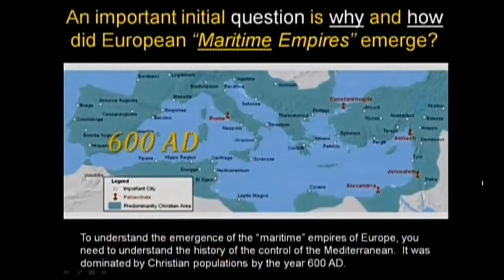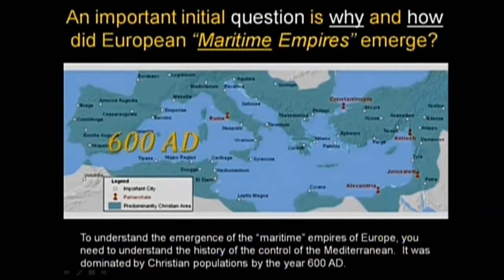Now, the answer to this involves looking at the structure of European power, and in particular the Mediterranean Sea in the late Middle Ages. You'll remember that the Mediterranean Sea was largely dominated by Christian powers in 600 AD, but very quickly reversed.